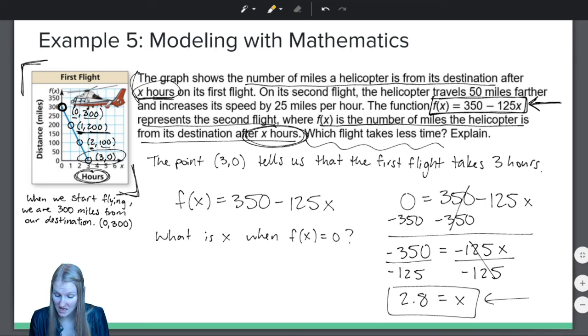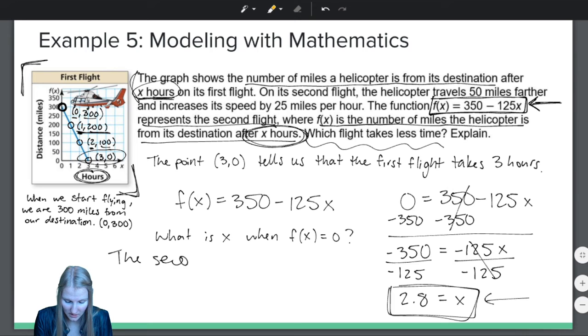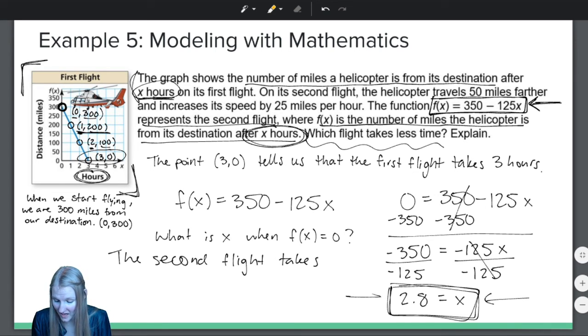And so for the second flight, we know the second flight takes 2.8 hours.